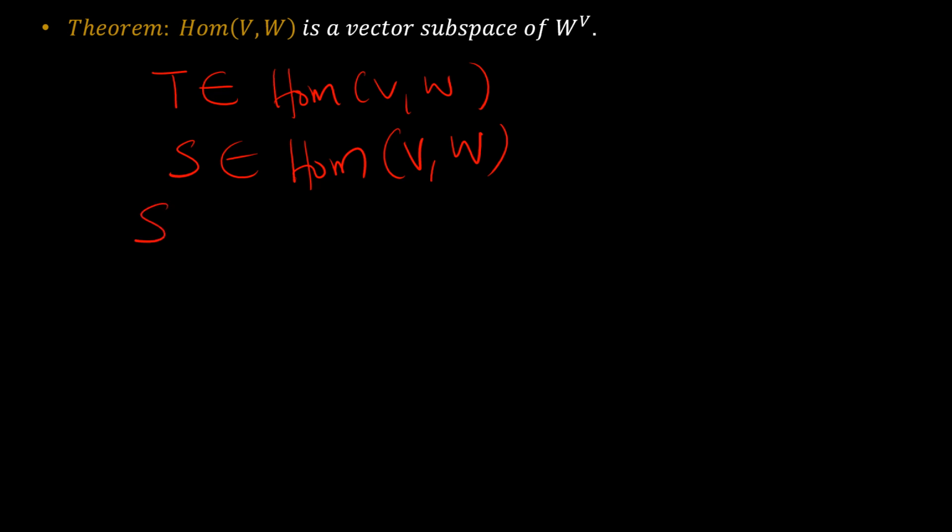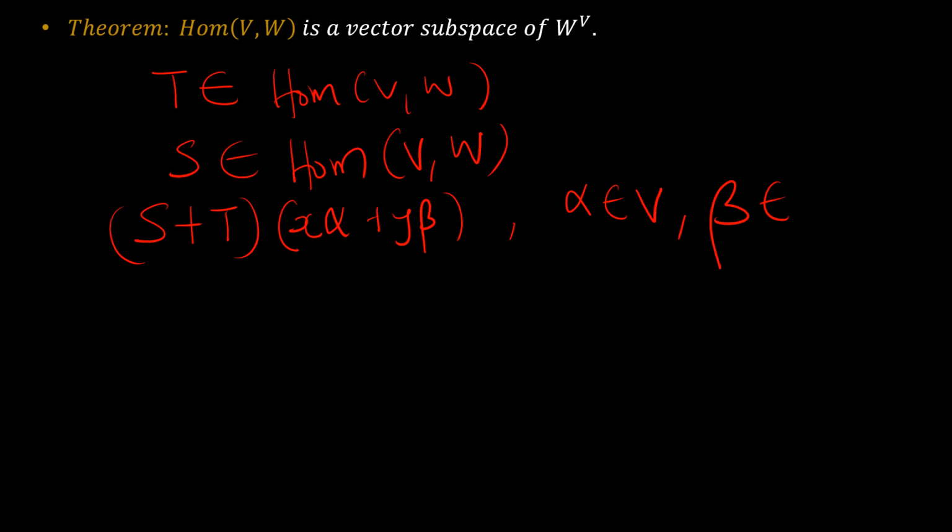So let's say we take the transform that is the sum of S and T applied to x alpha plus y beta, where alpha is an element of V and beta is also an element of V, but x and y are elements of the real numbers.